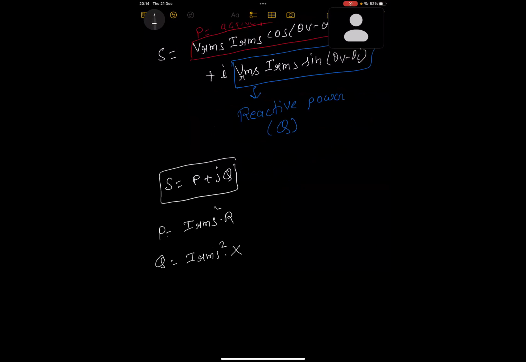This will become 2 pi FL. And capacitive reactance XC equal to 1 by omega C or 1 by 2 pi FC, where L is inductance and C is capacitance. Depends upon the data. Okay.